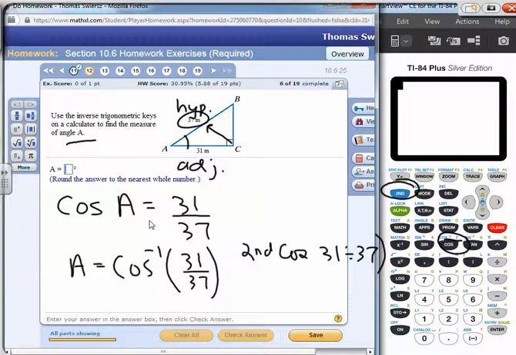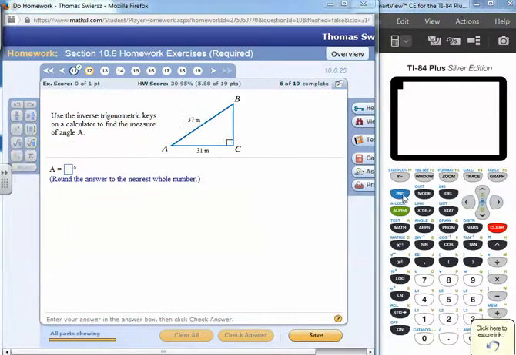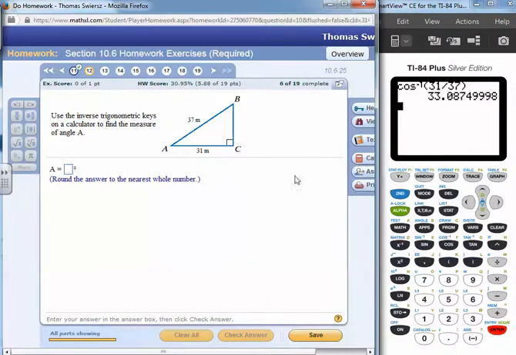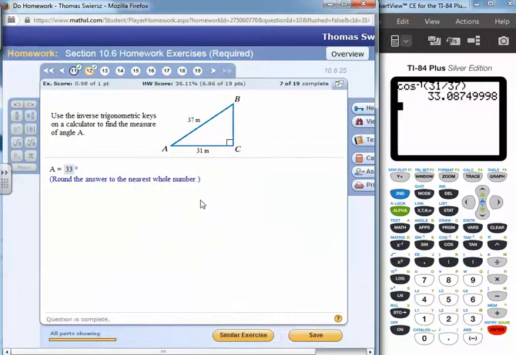And that will give us a measure of the angle in degrees. Hit enter, 33.08, rounded to the nearest whole number. So 0.0, we would keep it at 33, and the degree is already there, so all you need to do is put in 33.